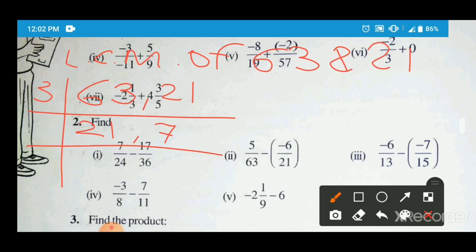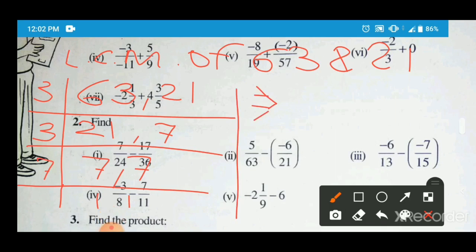Then it is divisible by 3 again, 3 7s are 21, and it is 7 once again. Now 7 1s are 7, 7 1s are 7. It is 3 into 3 into 7. So it is equal to 7 3s are 21 and 21 3s are 63.